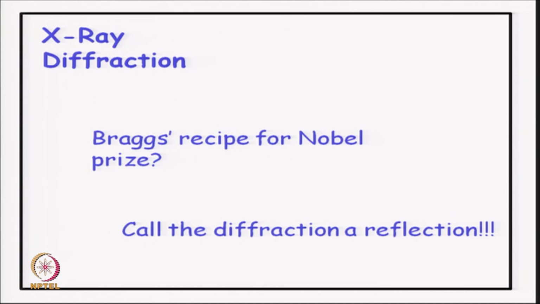This interpretation is what really simplified the solution of crystal structure. Laue also had an interpretation for his diffraction experiment, but using that interpretation it was more difficult to solve the crystal structure. So, the real contribution of Bragg was the interpretation of diffraction beam as a reflection.